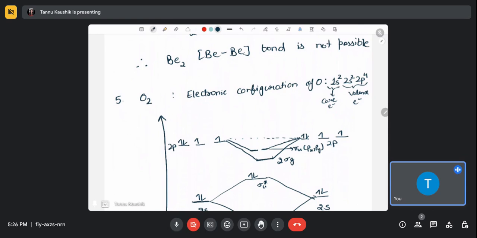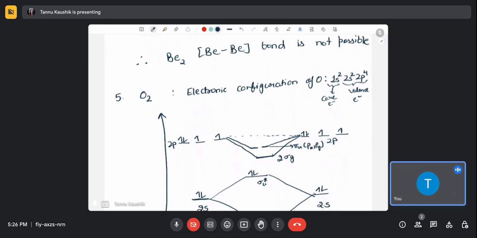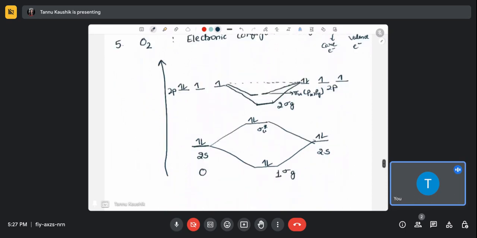so if you see these three orbitals, 2px, 2py, 2pz orbitals for two oxygen atoms, they are on the same energy level. Okay, so this is the net zero of the energy.